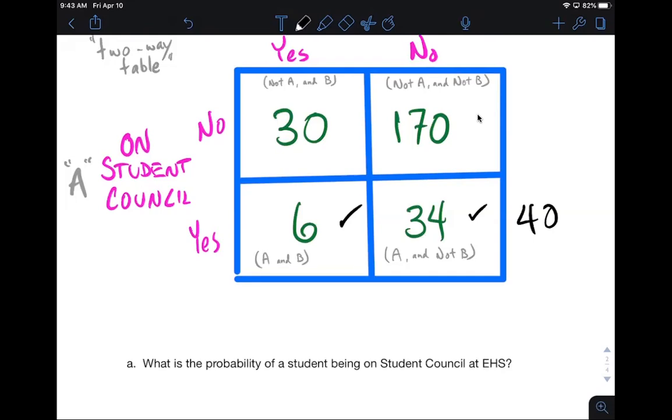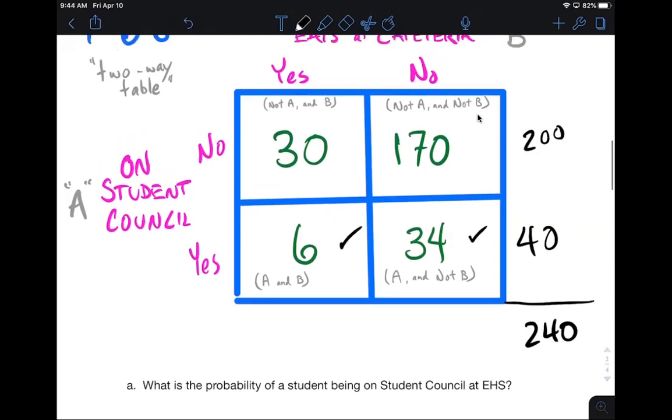There's 40 people that are on the student council, and if you count up the people who are not on student council, that makes 30 plus 170, that's 200. So 200 students are not on student council and 40 students are. Well, that makes 240 students, all right, total at this school. Let's check that with the cafeteria question numbers, all right?